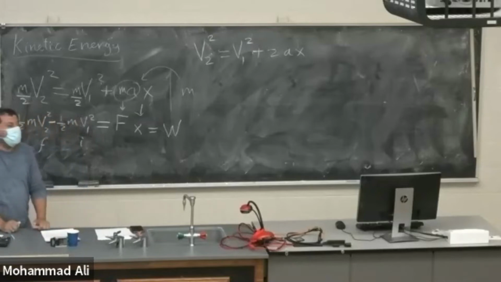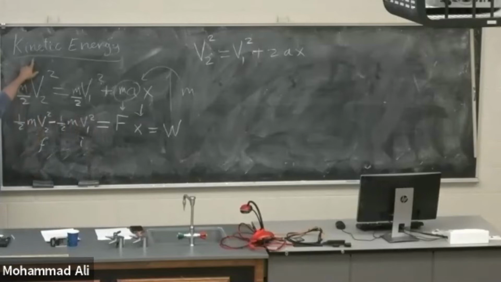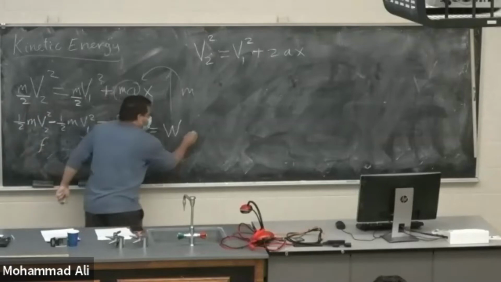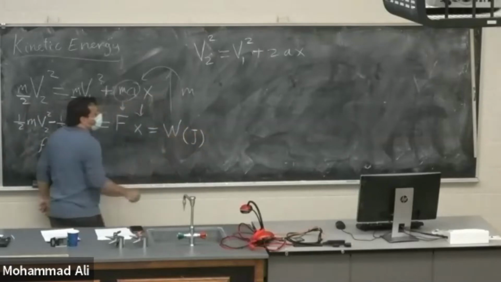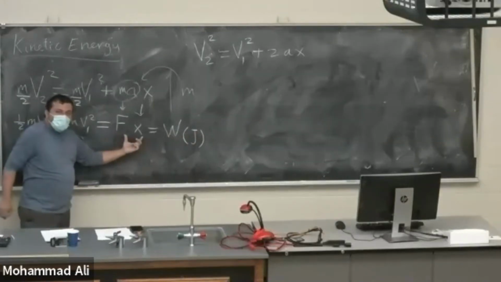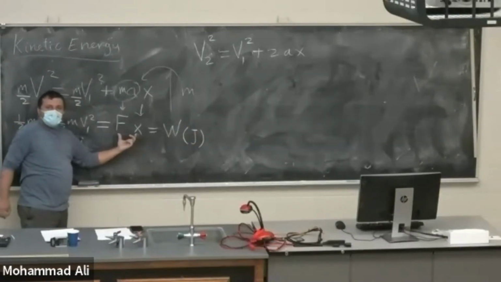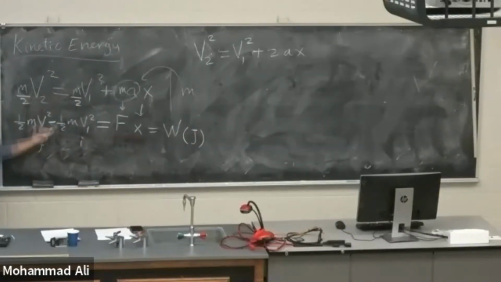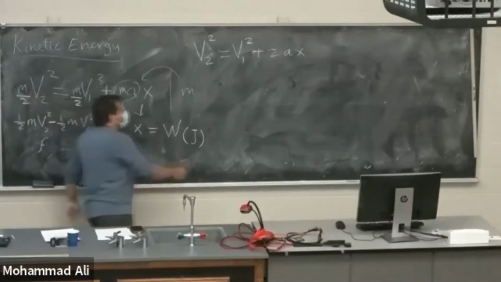It is named: we have velocity, then we have kinetic, which is motion. We have the mass, a moving mass. This will contain joules because the work is measured by joules. So because the work will be considered as energy, this term and this term are considered as a kinetic energy.